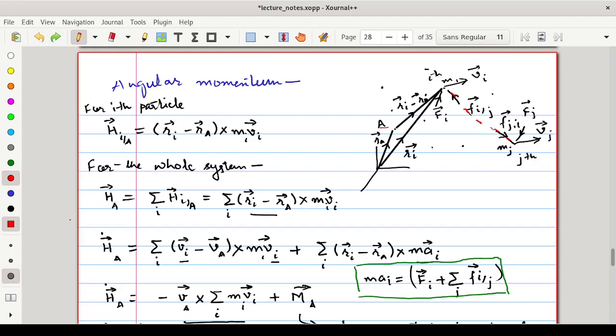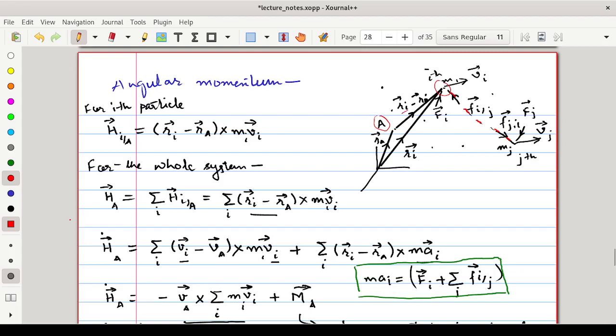For that we first defined angular momentum for a single particle like this formula. There what we did was we took the moment arm, that is the vector joining reference point A to the particle of which we are interested in calculating the angular momentum.